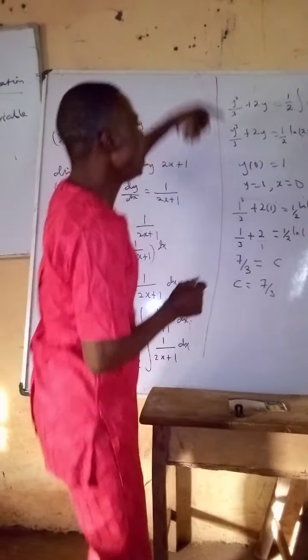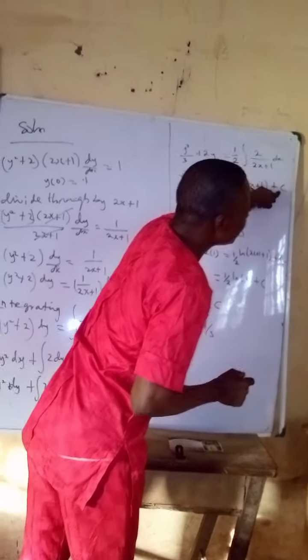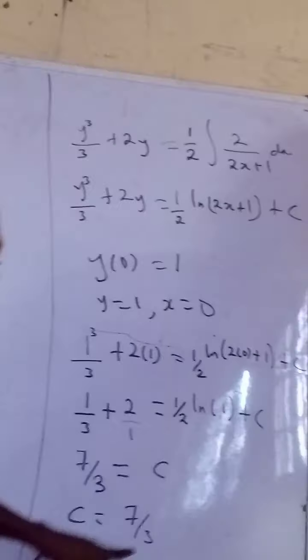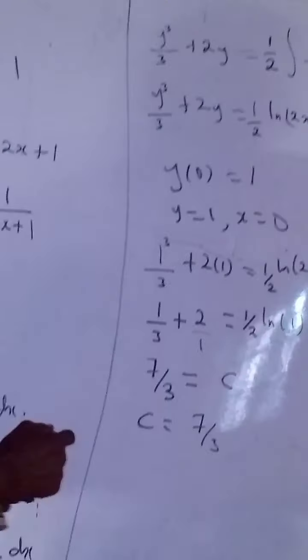Now we'll go back to our equation, because our constant here is c. So we'll replace the c by this 7 over 3.